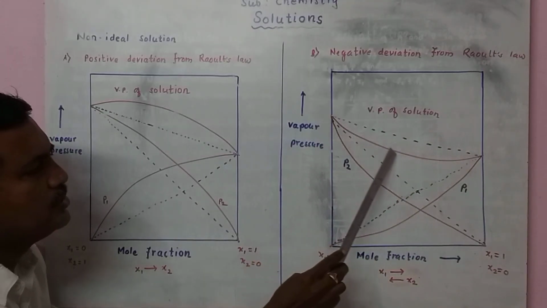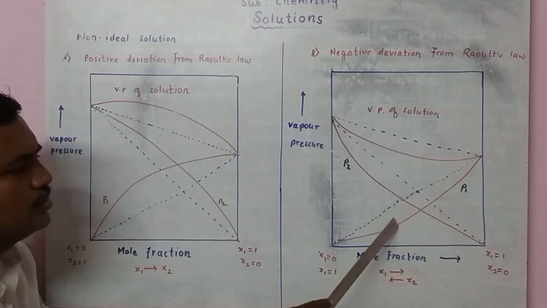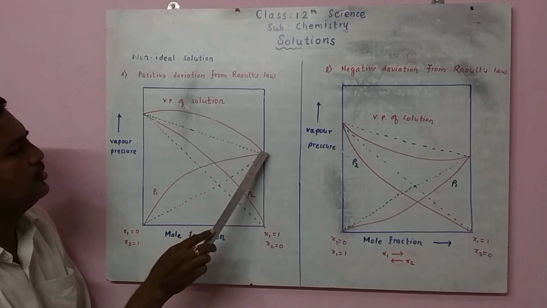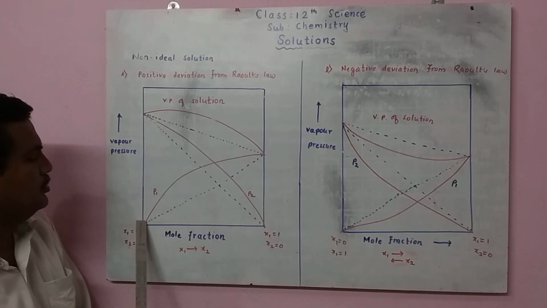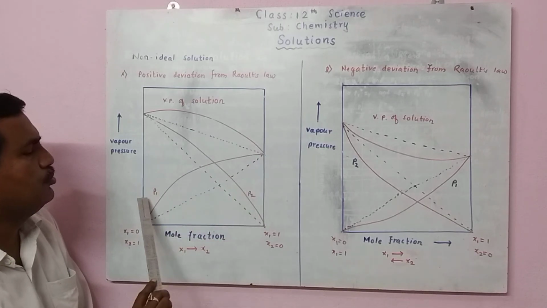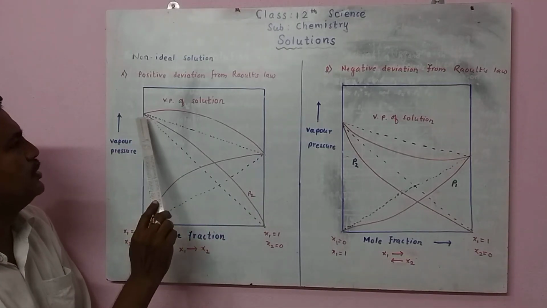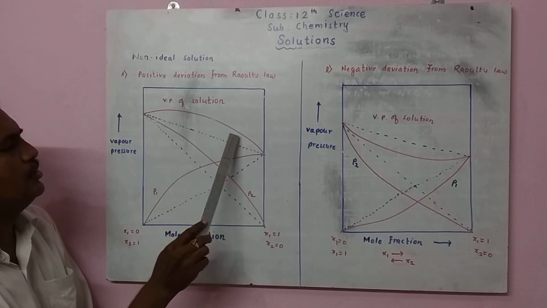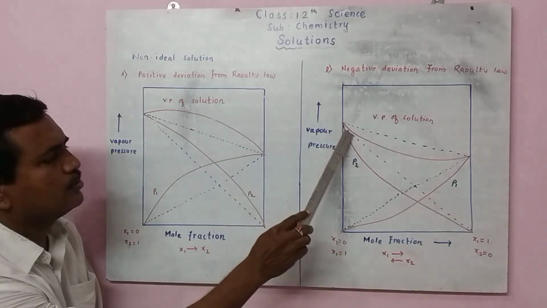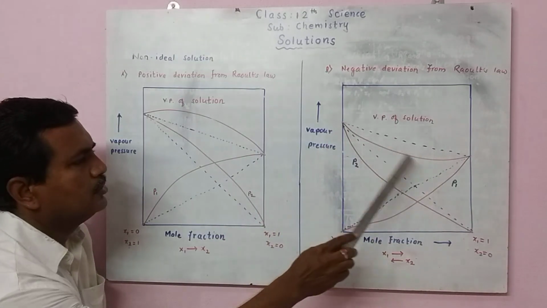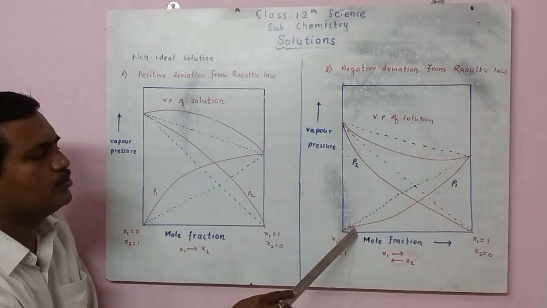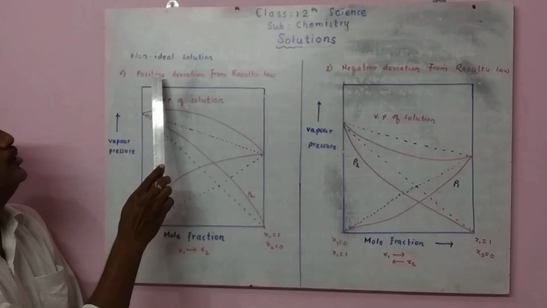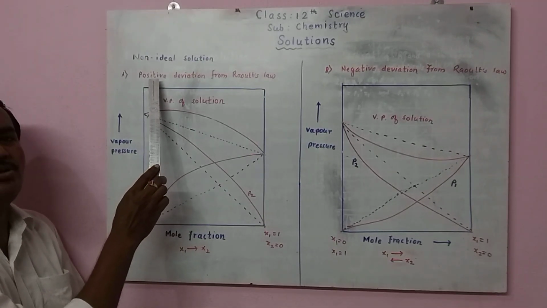See here, this is positive deviation, where the vapor pressure of the solution is higher, and here the vapor pressure of the solution is lower. So this is negative deviation from Raoult's law. In this way there are two types of deviation for non-ideal solutions.